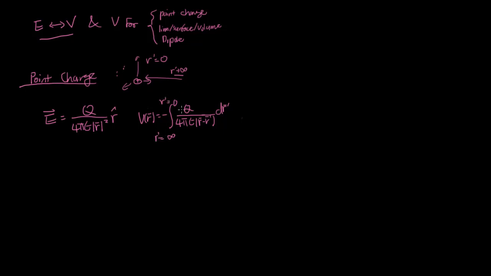So we're bringing it from infinity to 0. If you take this integral, you're going to find that in the most basic situation, this reduces to power of 1, the negative signs cancel, and we're left with q over 4 pi epsilon r.